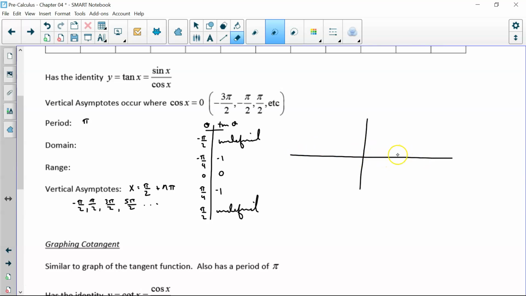So I'm going to go every pi over 4, so I have my pi over 4, my negative pi over 4, I got my pi over 2, my negative pi over 2. Since it's undefined, we have what's called an asymptote at the pi over 2s.